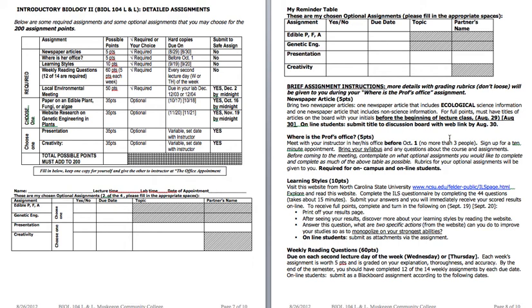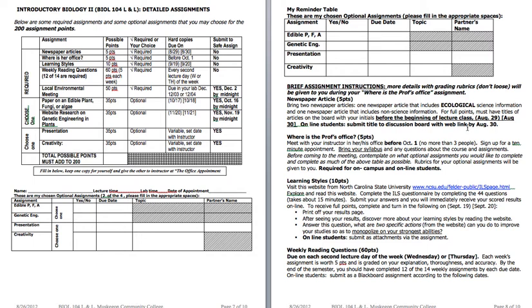Now, the newspaper article. So going back to these required assignments, the newspaper article. What you're going to do here is you're going to bring 2 newspaper articles. One that includes an ecological science information piece and one that includes non-science information.